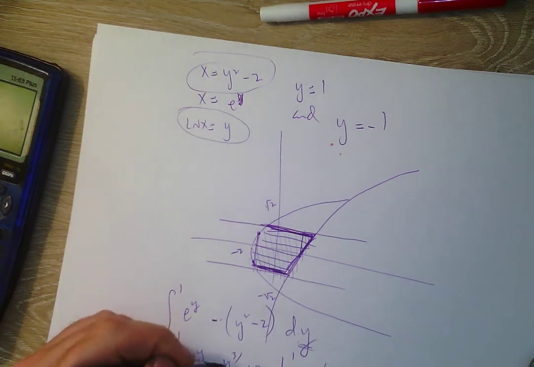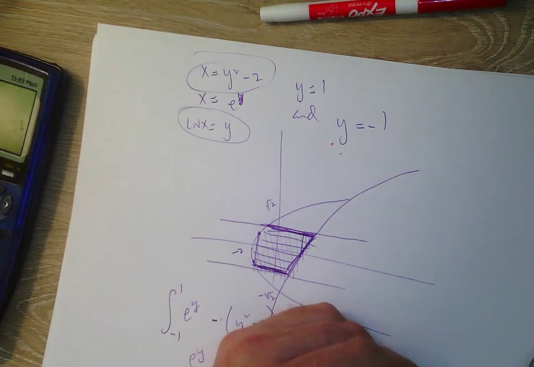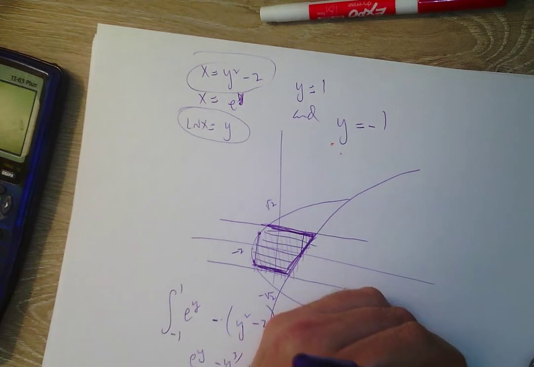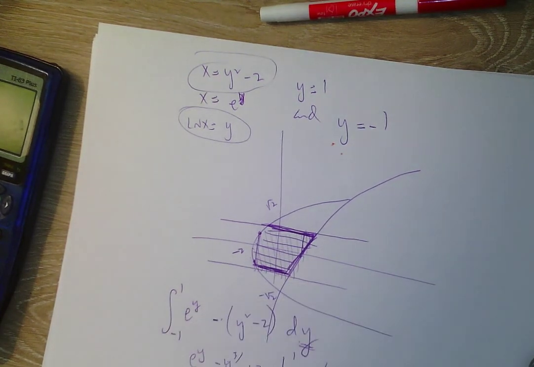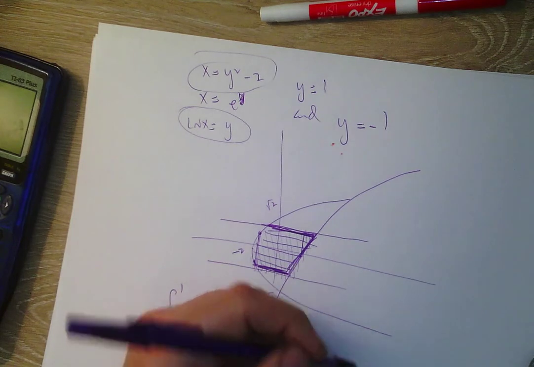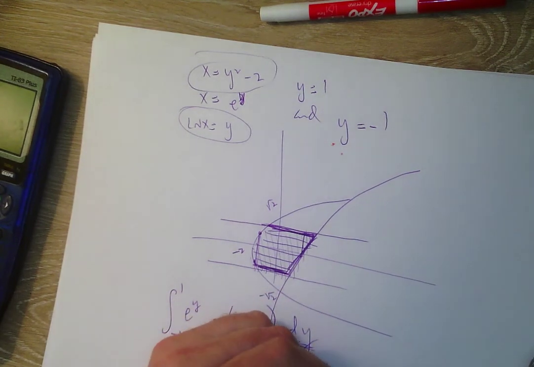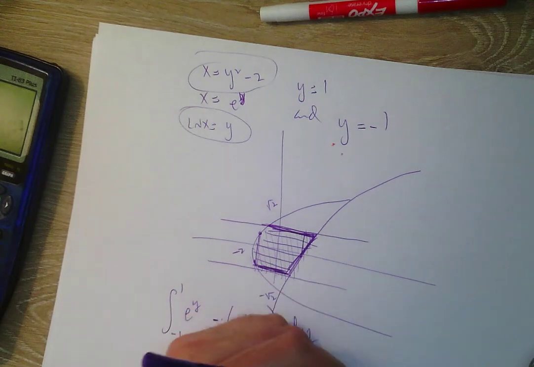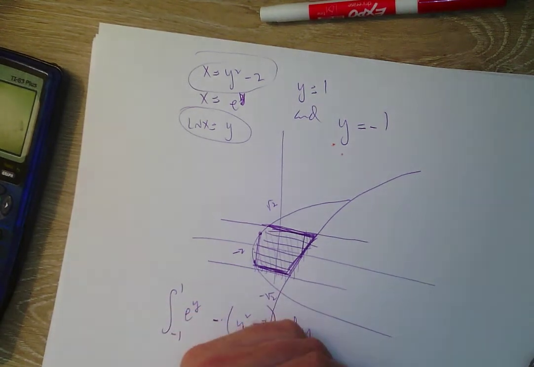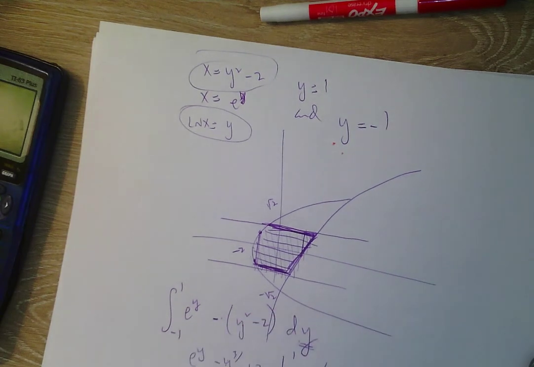That's going to be minus 1/3 times minus is plus 1/3 minus 2. So I'm going to end up with e minus 1 over e minus 2/3 plus 4. Okay, there's our region. No calculator needed.